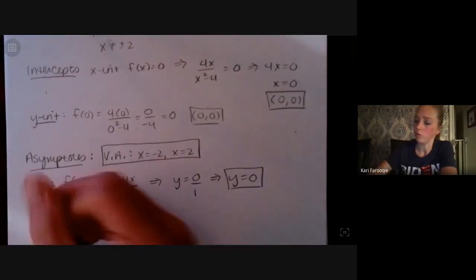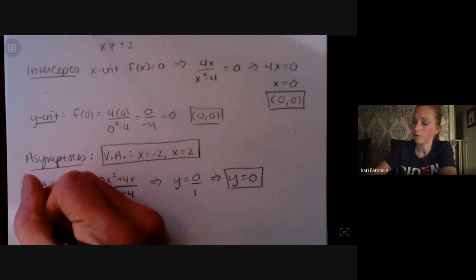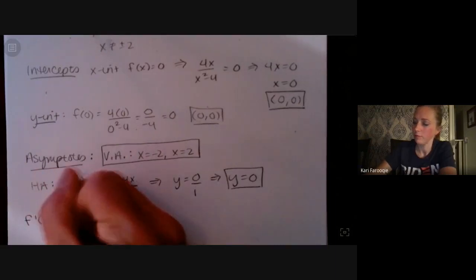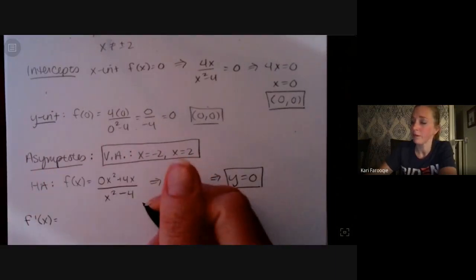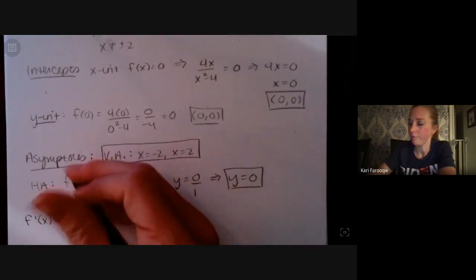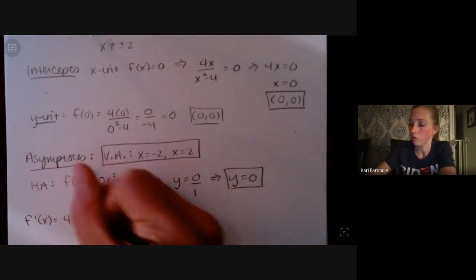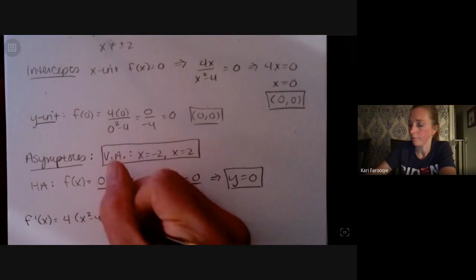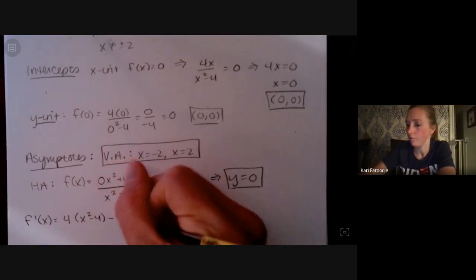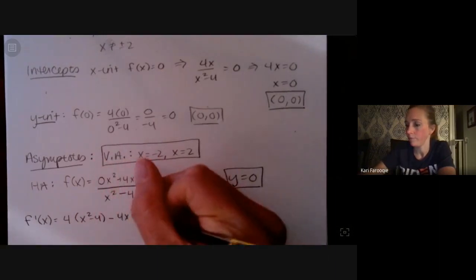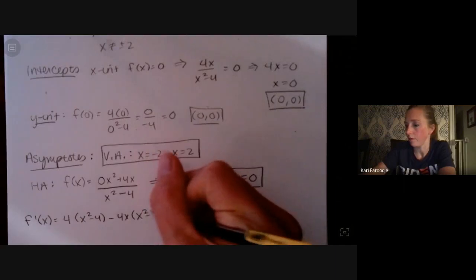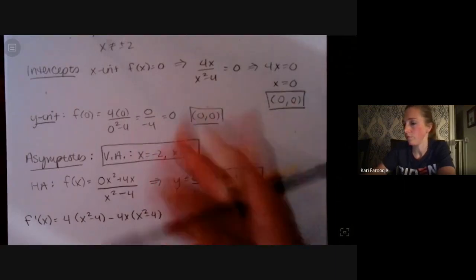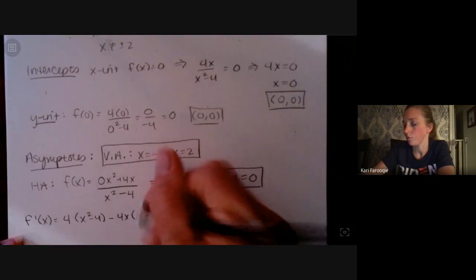Now we get to the calculus part. This is why we do what we do. F prime g minus f g prime. We're going to use the, actually we don't need the chain rule there.